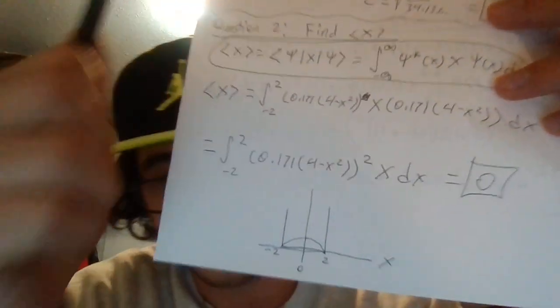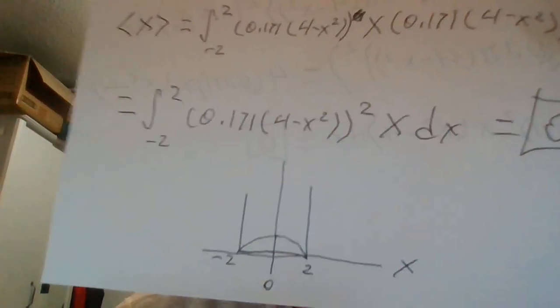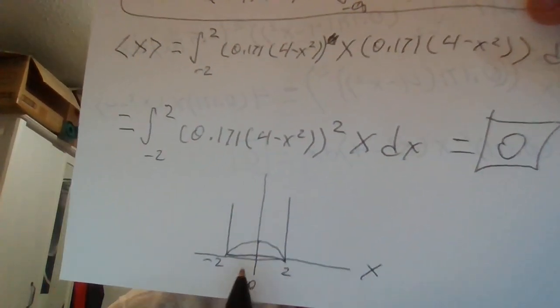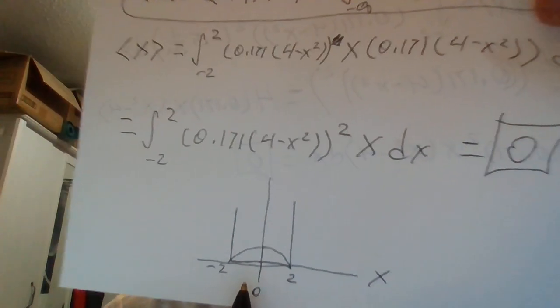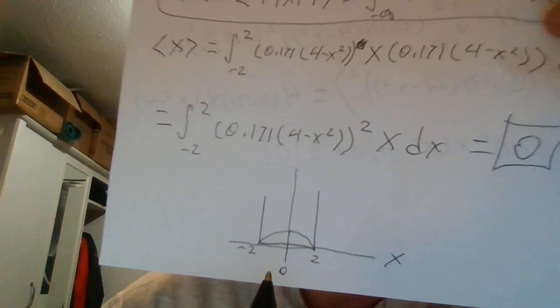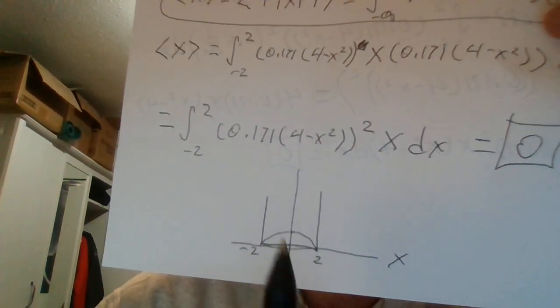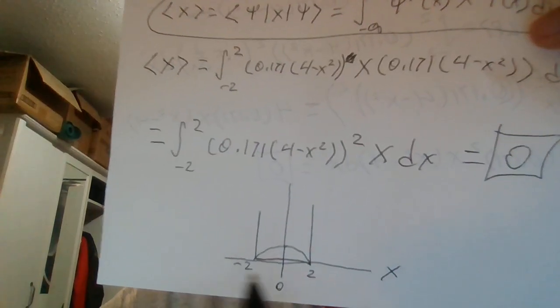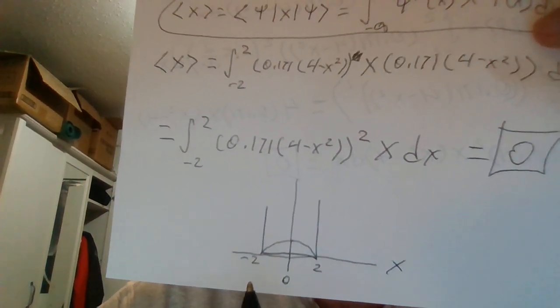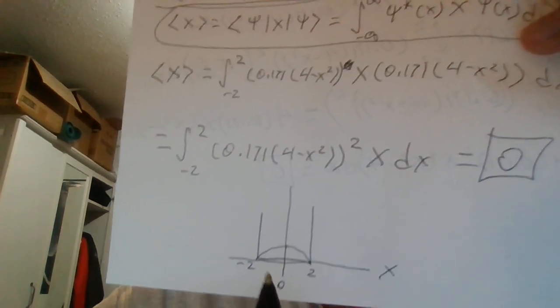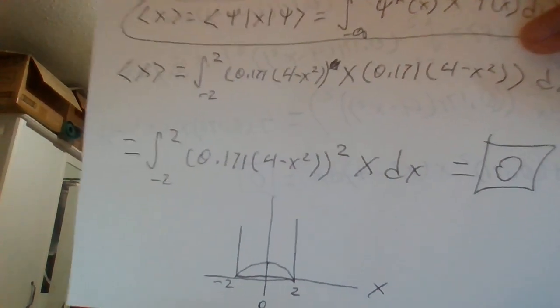And that actually makes sense, because here I drew a little picture of what this function would look like with an infinite square well, where the bottom is the x-axis, so it goes from -2 to 2, and there's 0 in the middle.